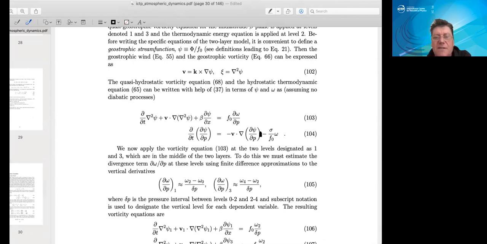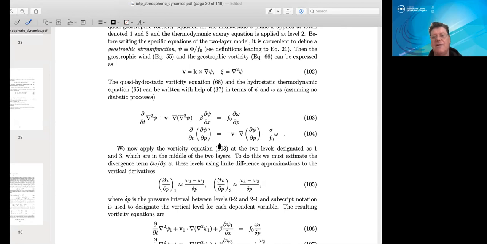And this is now a closed, very complex system of partial differential equations. We have two coupled partial differential equations. And the major complication is that whereas before we only had to take into account derivatives in the horizontal direction, now we also have to take into account derivatives in the vertical direction.